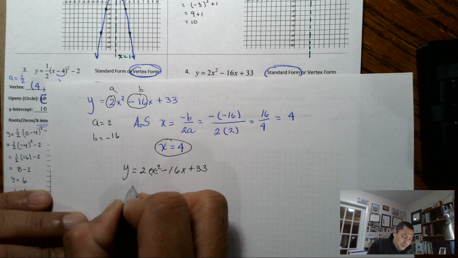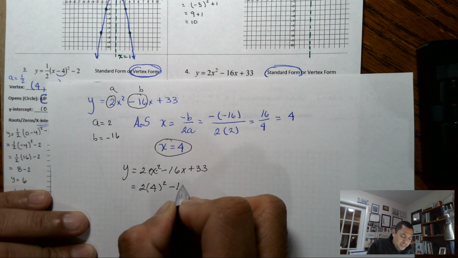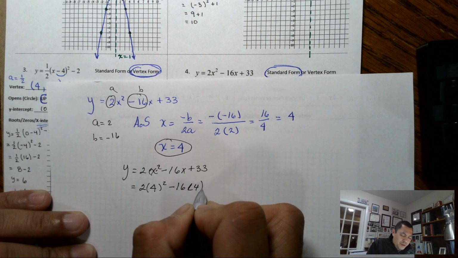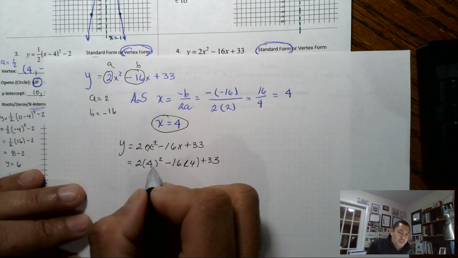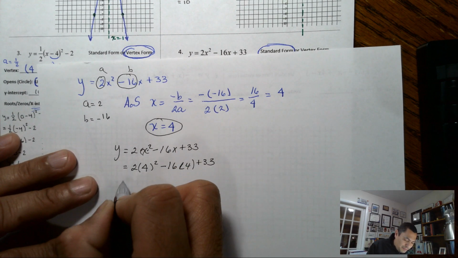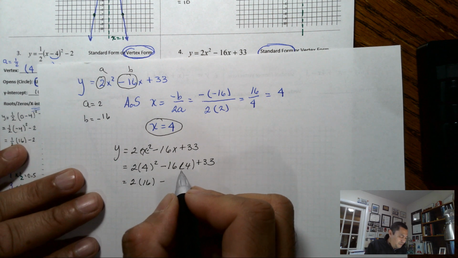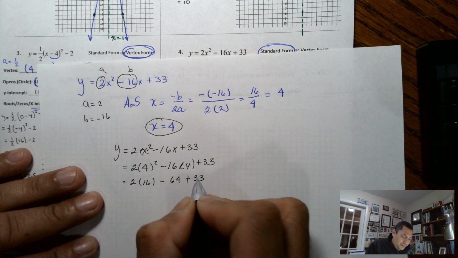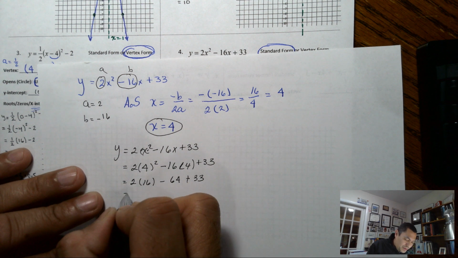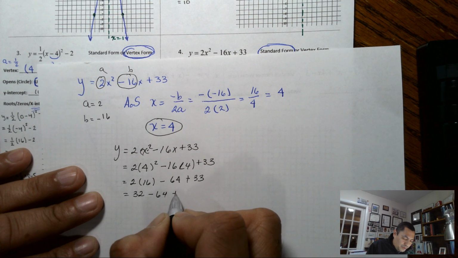And I know this one is 2 times 4 squared minus 16 times 4 plus 33. 4 to the second power is 16, so I have 2 times 16 minus 16 times 4, which is 64, plus 33. 2 times 16 is 32. 32 minus 64 plus 33.